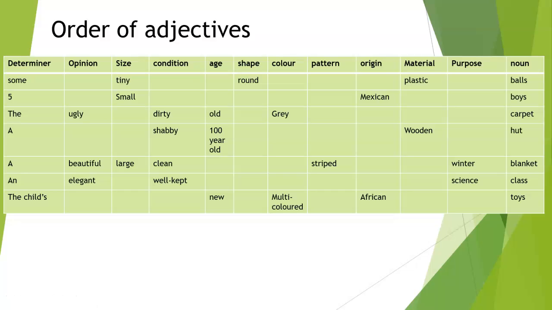Today, though, I just want you to understand that there are roughly 11 different types of adjectives, different groups. We've got determiners, opinion adjectives, size, condition, age, shape, color, pattern, origin, material, and purpose.